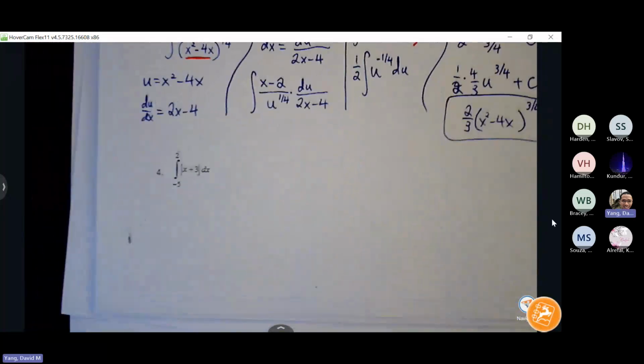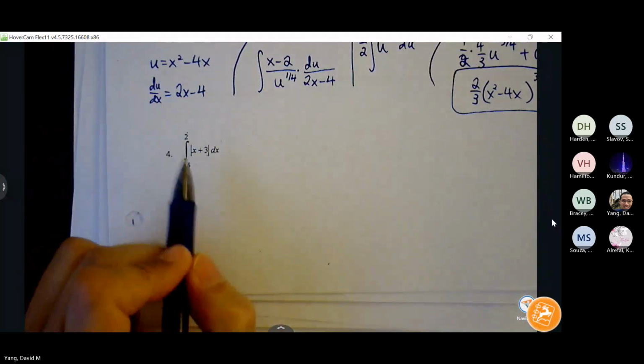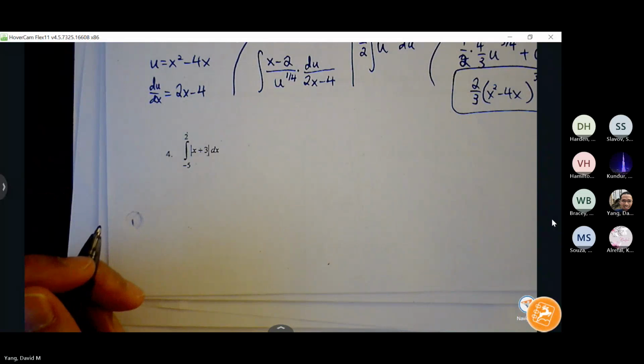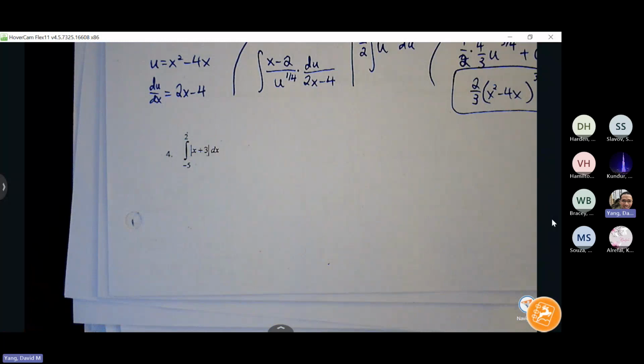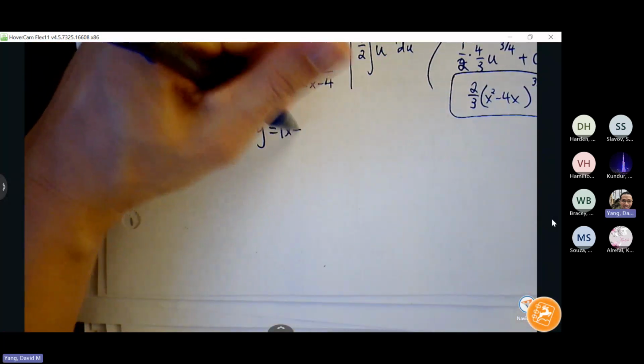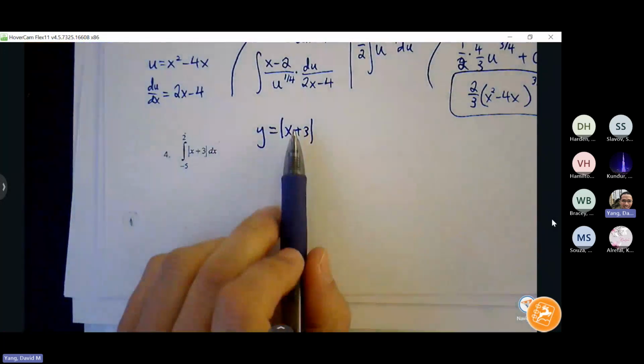Right, number 4, what's our strategy here? Definite integral involving absolute value. Draw the graph, create your triangles, add your 2 triangles. So first things first, let's figure out what our graph looks like. Absolute value of x plus 3.